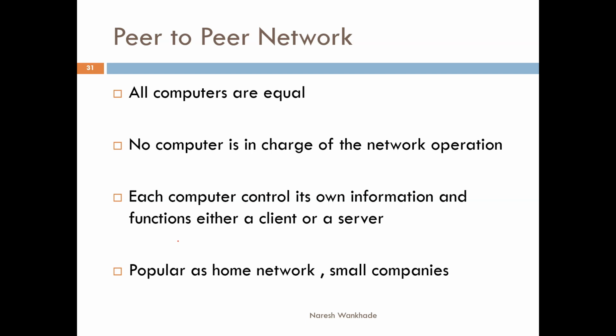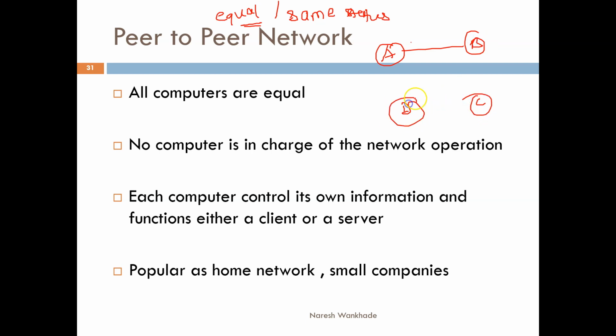What is peer? Here, the meaning of peer is equal or of same status. In this type of network, we can say there are four computers or four nodes.